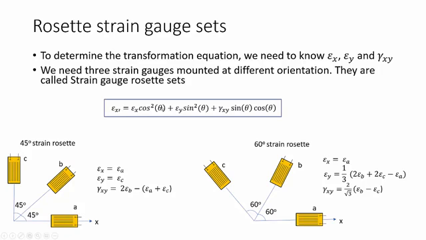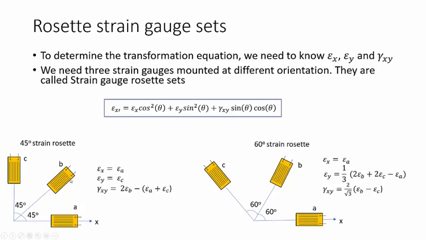So if we plug in theta equal to 0, we get epsilon x equal to epsilon A. Epsilon A is the reading on the strain gauge A. Okay, then if we substitute theta equal to 90 degree, that gives us epsilon y equal to epsilon C, and epsilon C is the reading from strain gauge C.